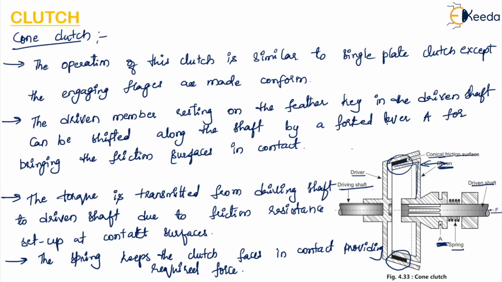If the frictional factor of the material is high, it will require less conical angle. So if the frictional material which you are using has low frictional capacity or frictional factor, then the cone must have a larger angle.